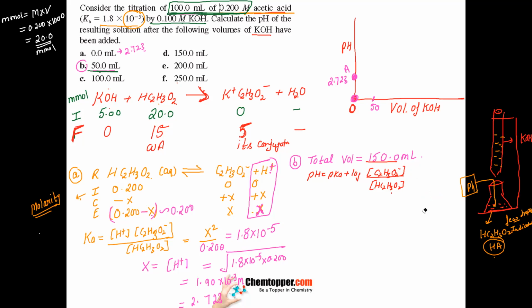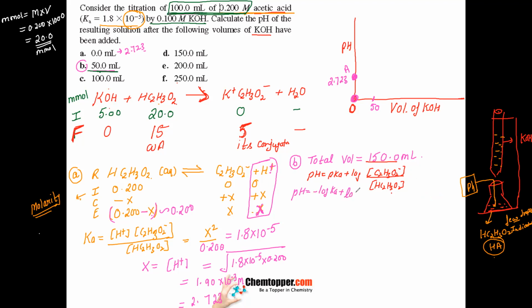So you need not calculate the concentrations. You can simply take the ratio of the millimoles. Don't get the concentration. Now this has become very simple. You know pKa? So what is pKa? Negative log of Ka.